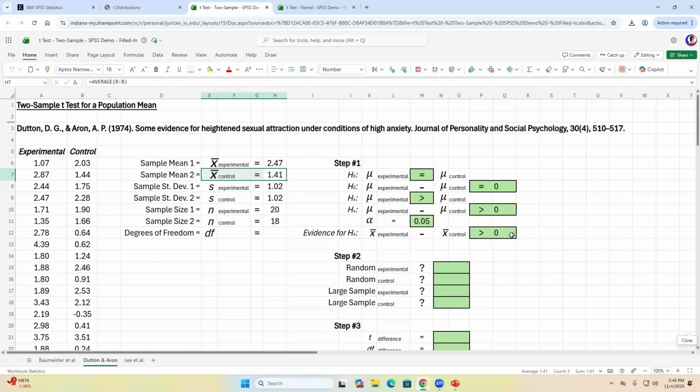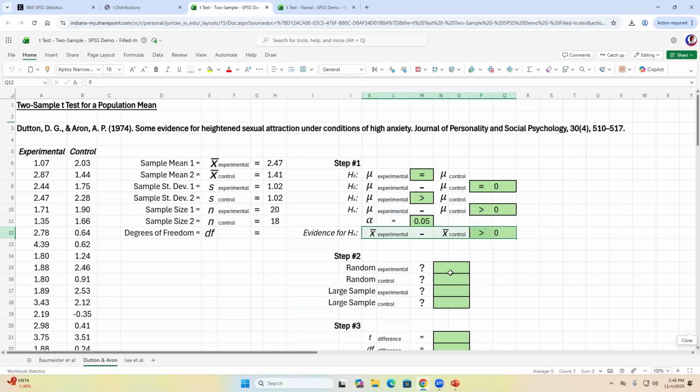So we can state that as the mean of the experimental sample minus the mean of the control sample is greater than 0. And you'll notice that the order here mimics the order of our null hypothesis. It's just that we have subbed in our sample means.